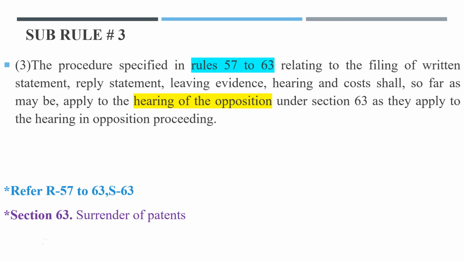That means the procedures specified in rules 57 to 63, related to the filing of written statement, reply statement, leading evidence, hearing and cost, shall, so far as may be, apply in the same way to the hearing of the opposition as per section 63. So I guess it is pretty clear now.